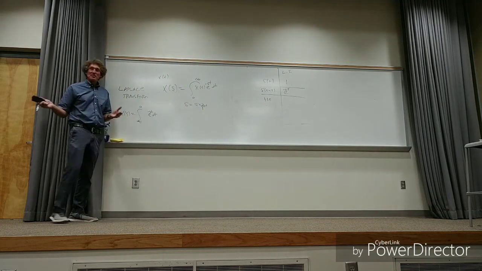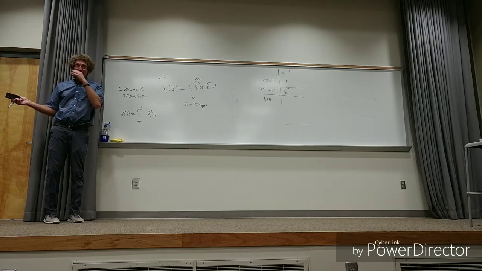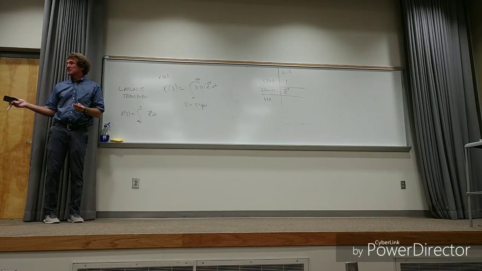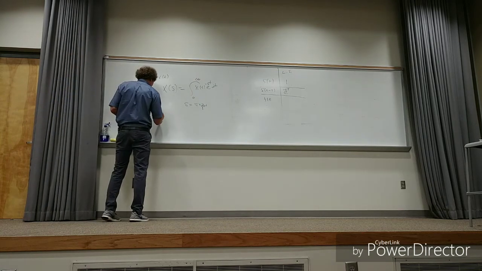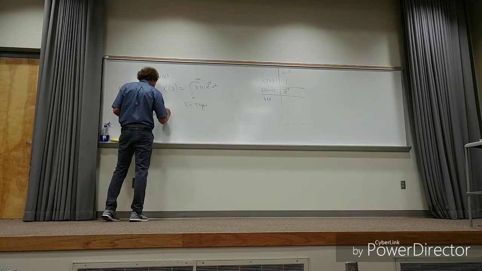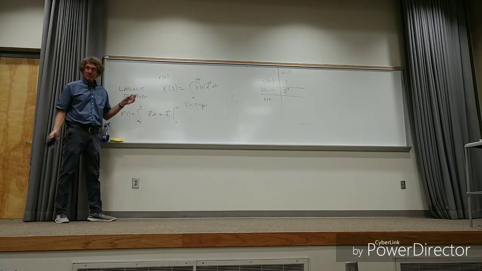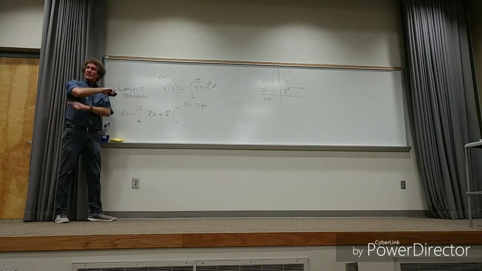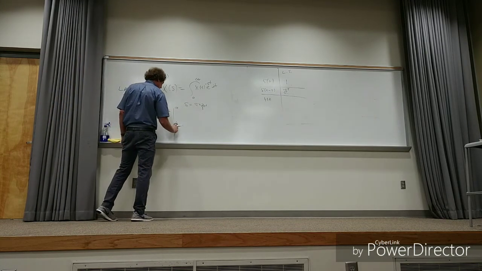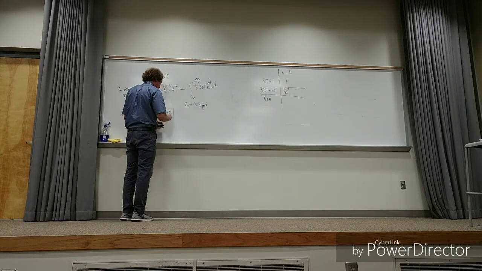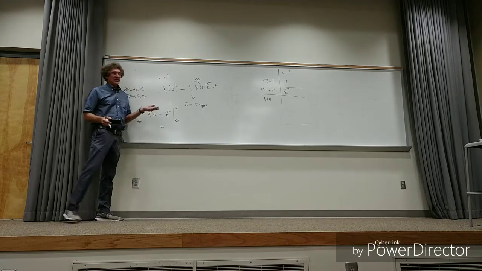Now what's that integral? E to the minus st dt is simply what? Minus e to the minus st evaluated from 0 to infinity. What do I do with those limits? Flip them and get rid of the sign, right? What's e to the 0?